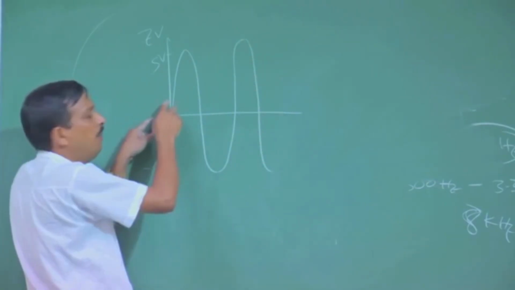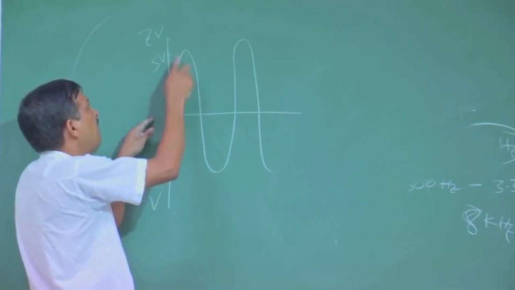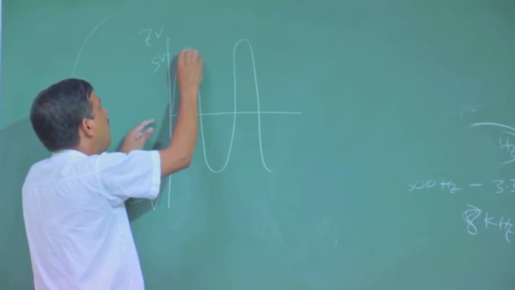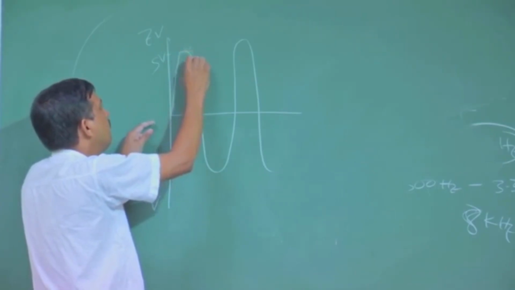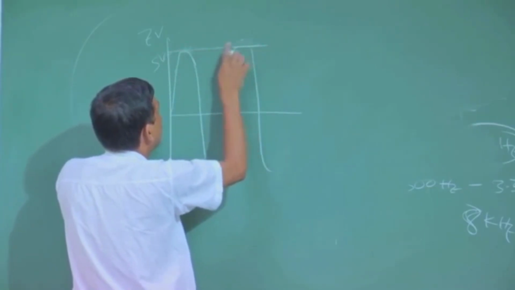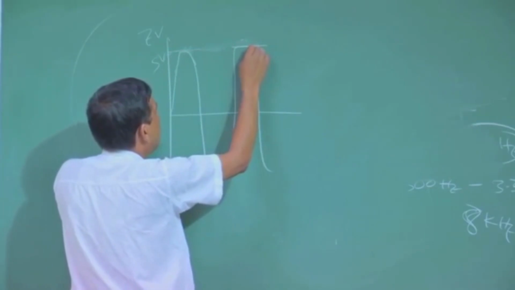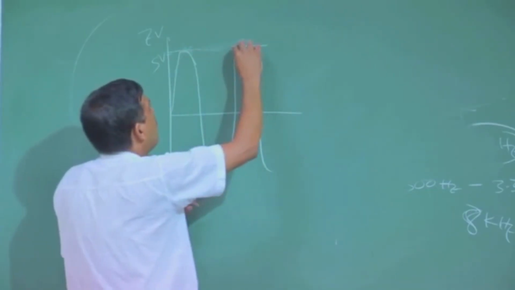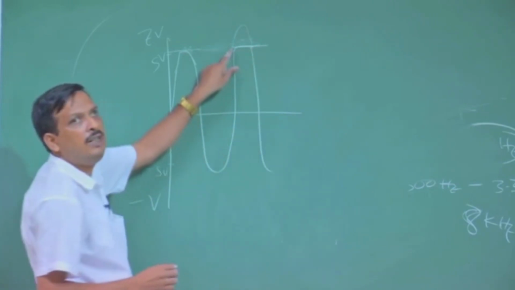If my limitation is 5 volt and I apply 7 volt, what will happen? After 5 volt, it will be flat. So, after 5 volt, it will be a flat response. If it is flat, what is happening? This portion I am not getting, I am getting a flat.